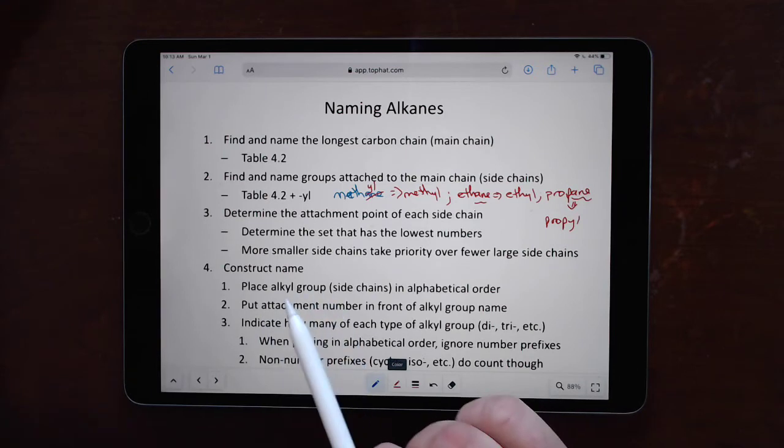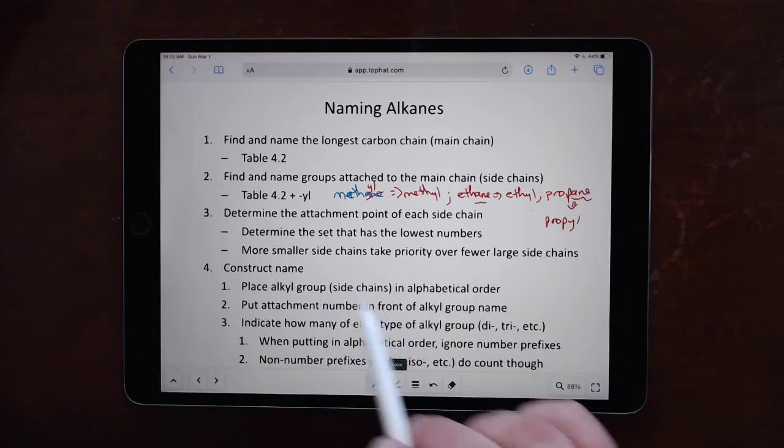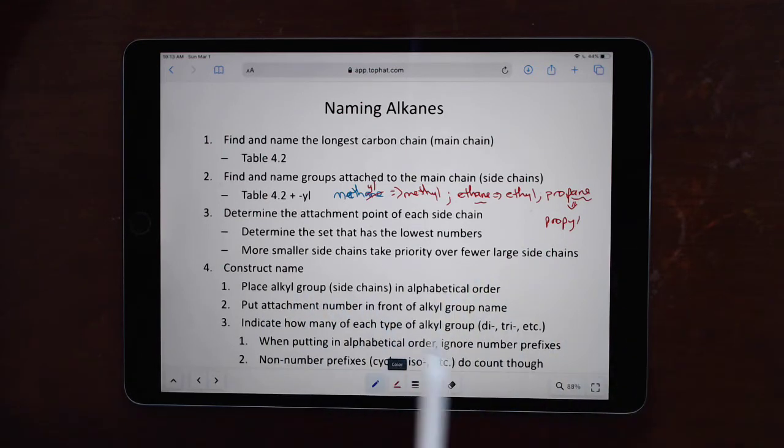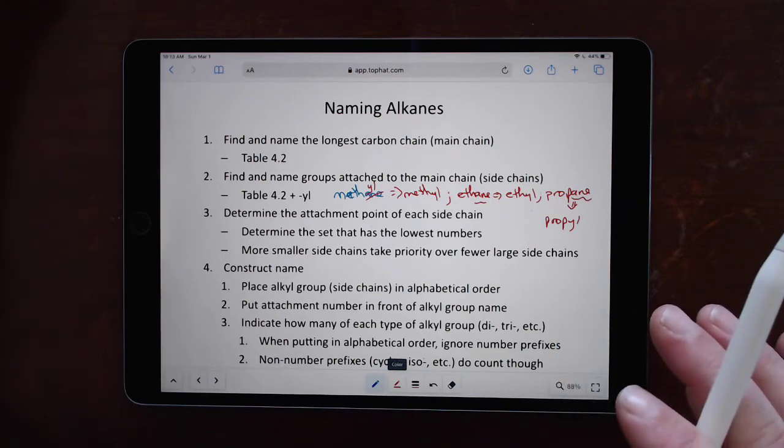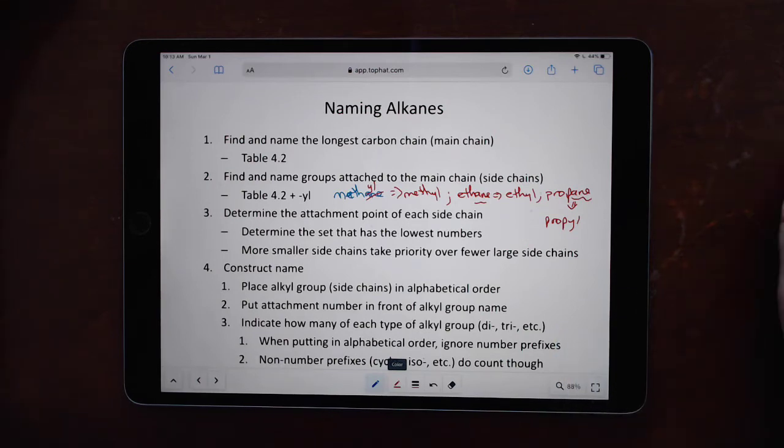Okay. And then to construct the names, the side chains are going to be listed first alphabetically. The di, the tri, the tetra, that doesn't matter. So if we have ethyl or methyl, ethyl will go first, and then methyl. The main chain is always listed last.